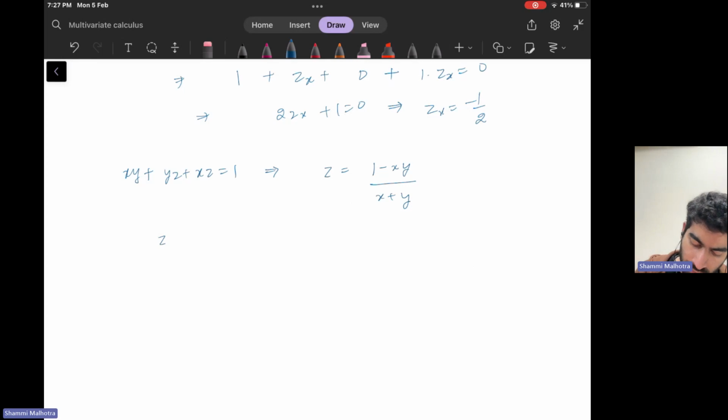So if I have to calculate zx, this would be by using the quotient rule, assuming y to be independent, just taking the quotient rule of one dimension. This would be the derivative of the first thing, so minus y times x plus y minus 1 minus xy, and the derivative of the denominator will be 1 only, over x plus y whole square.